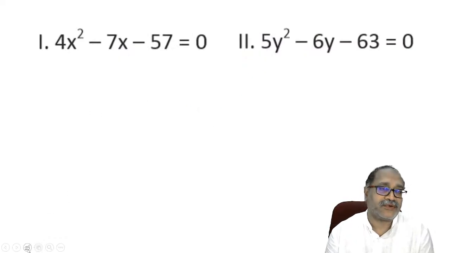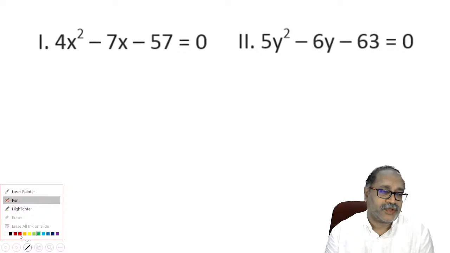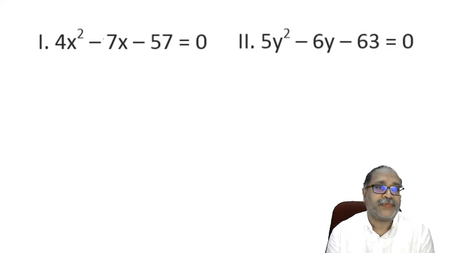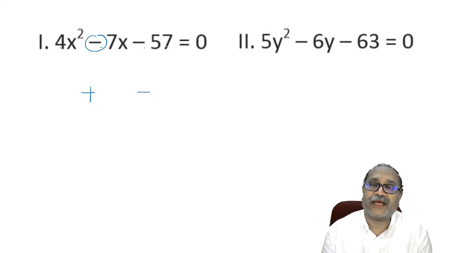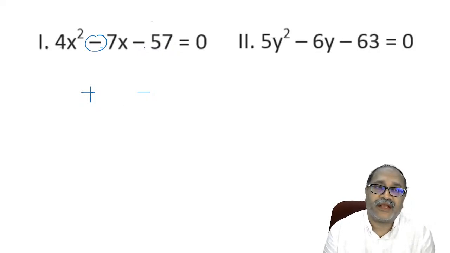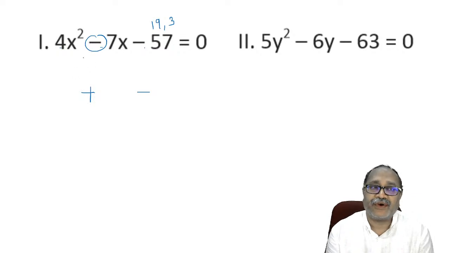Now if I ask a question like this, let's move on. This is minus, will become plus, and the minus does not change the next sign, minus. Now this is 4 and this is 57, and we know 19 into 3 is 57. So how do I get 7 here? Here one number is 19 and here 4, 3 is 12.